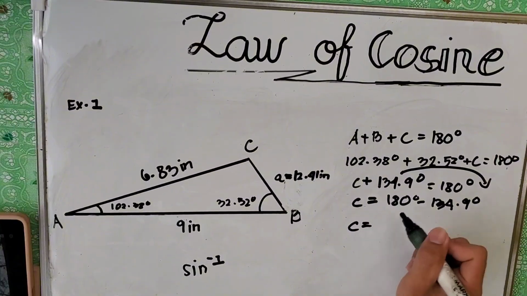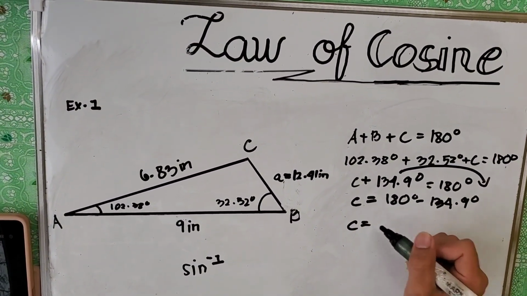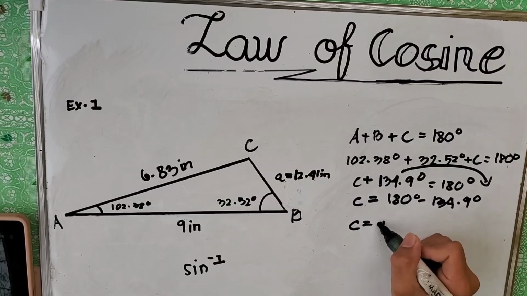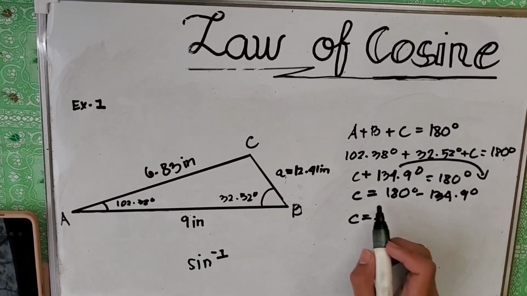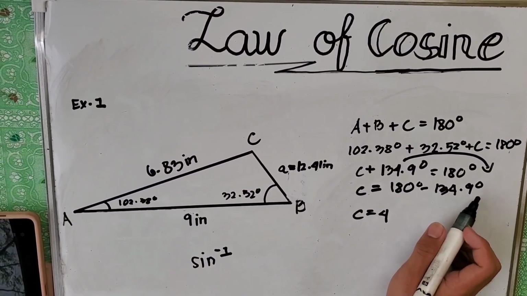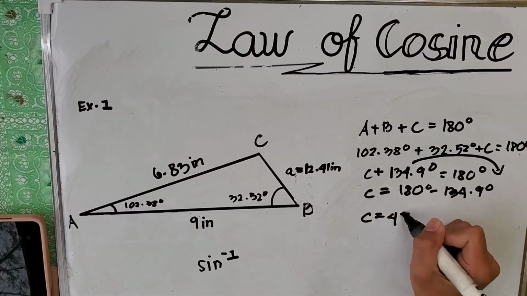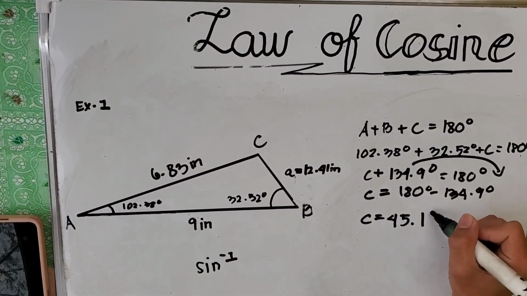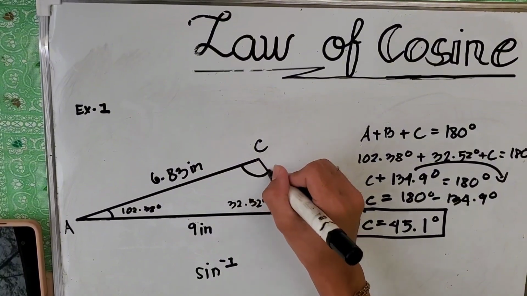If we subtract 134.9 from 180, we achieve 45.1 degrees. And that is the value of our angle C.